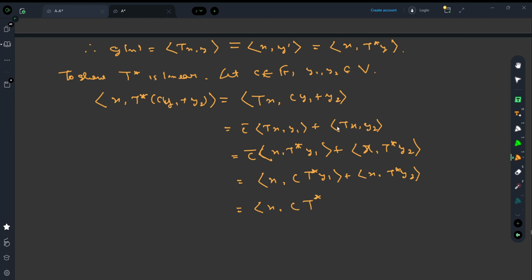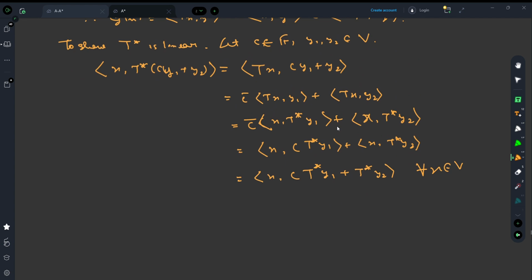But then it can be written as the inner product of x with c times T star y1 plus the inner product of x with T star y2, and then if I just add them back, I get the inner product of x with c times T star y1 plus T star y2, and this happens for all x in V, right?